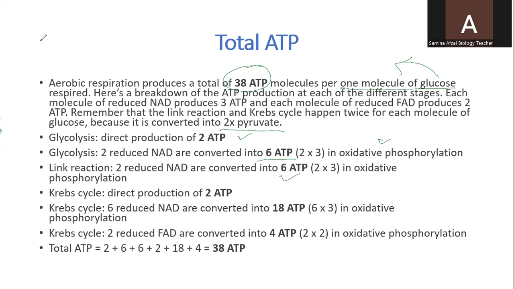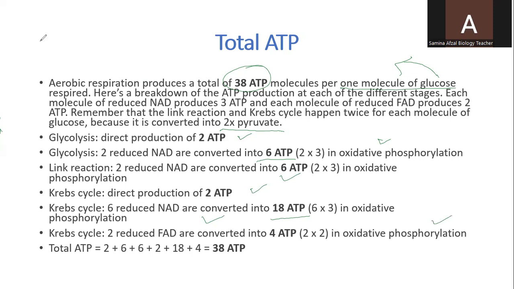The Krebs cycle gives direct production of 2 ATP molecules, and 6 reduced NAD are converted into 18 ATP molecules in oxidative phosphorylation. So 18 ATP molecules are produced during this. In the Krebs cycle, two reduced FAD are converted into 4 ATP molecules.